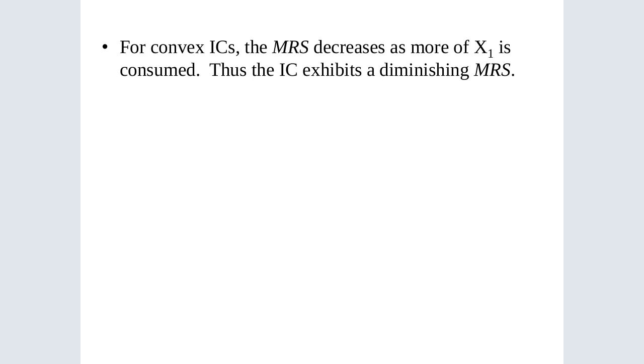So as you move from left to right downwards along the convex indifference curve, the marginal rate of substitution diminishes. That means you'll need less of good two to get more of good one.